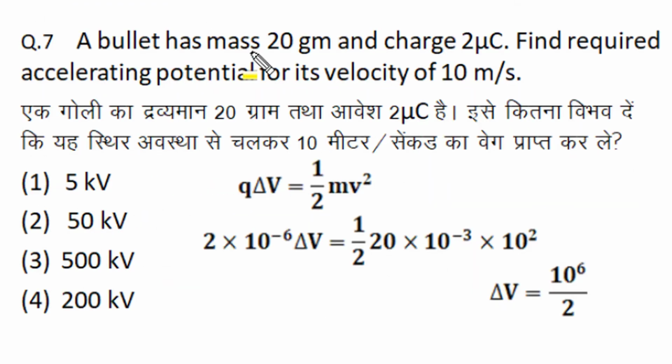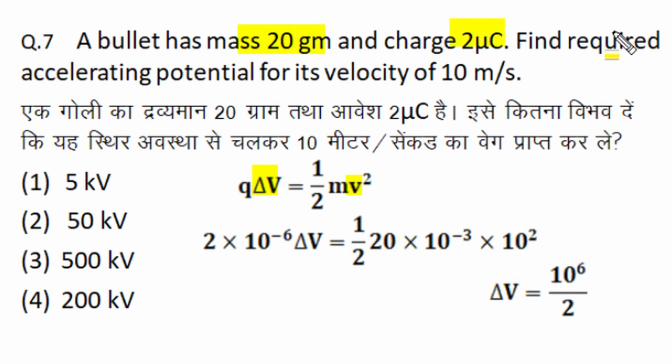This is again a very common examination question pattern, where a charged particle of certain mass is accelerated through an electric potential difference, and we have to relate the accelerating potential and the velocity gained by that particle. Here we are given a particle of mass 20 gram and charge 2 microcoulomb.